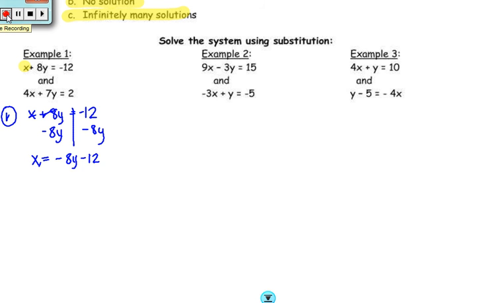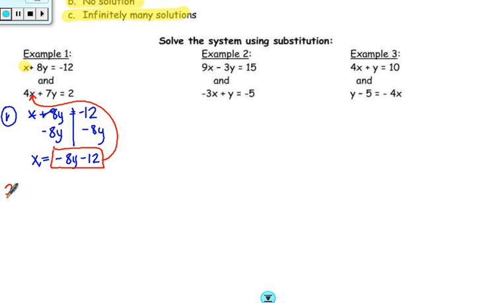Okay, so continuing with this problem, the first step was to solve one equation for one of its variables. We took that first equation, we solved it for x because that was the easiest letter to get by itself. The second step says substitute that answer from step 1 into the other equation and solve. In the other equation, I have an x.